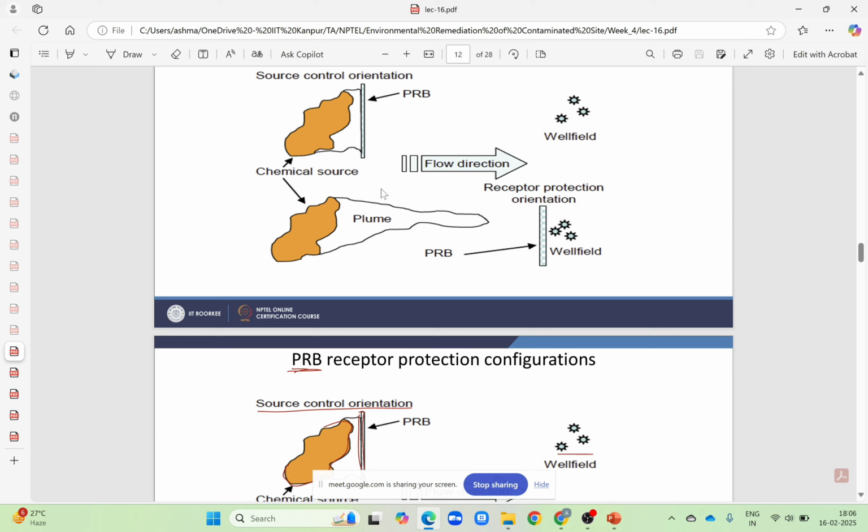And then in pump and treat, we have seen that when the contaminant is only in the aqueous phase, then that process is feasible. And when the contaminant is in the adsorbed phase, then the time required for remediation is very long, because the contaminant partitions between the solid phase and the liquid phase.